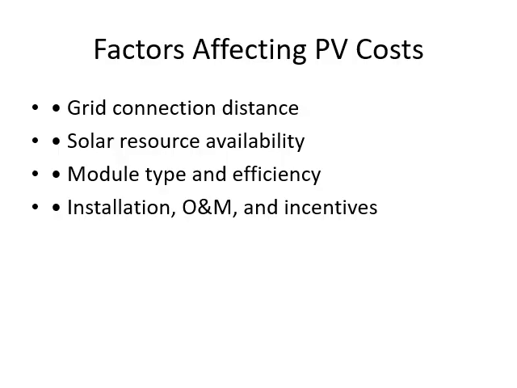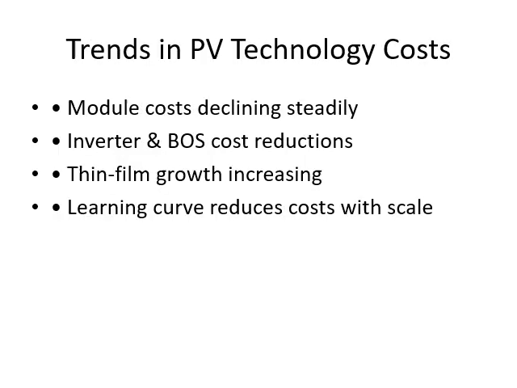Because it cannot get the return on investment, or the payback period will be longer. Then module type, what type of module are you using? Monocrystalline, polycrystalline, thin film, and efficiency, definitely what is the efficiency, plus installation, and then overhead and maintenance and incentives, right? So these are all affecting the photovoltaic costs.